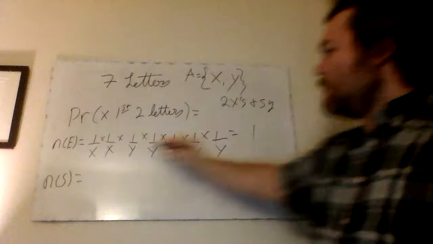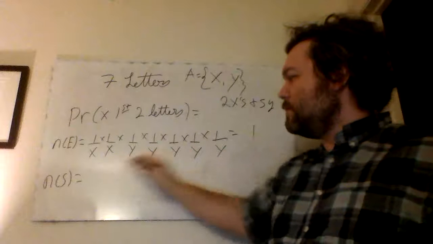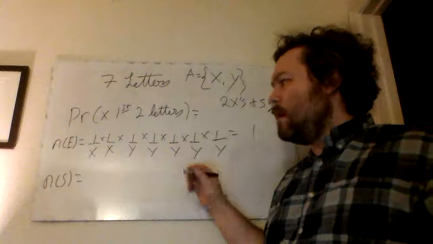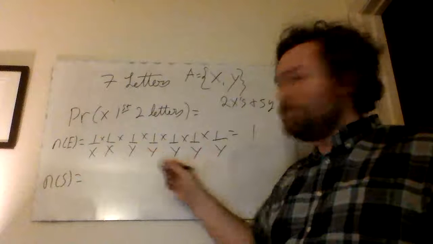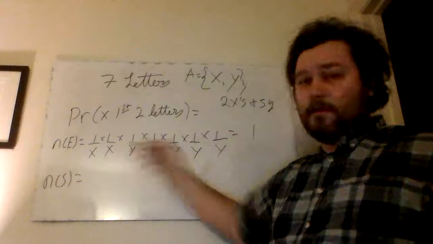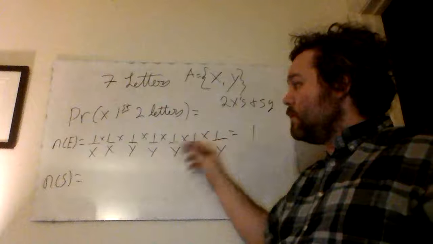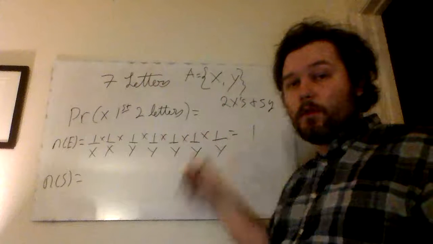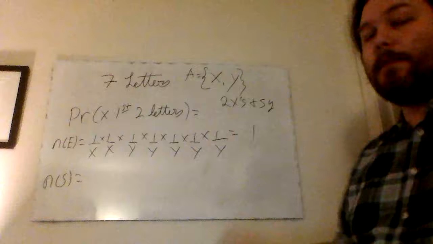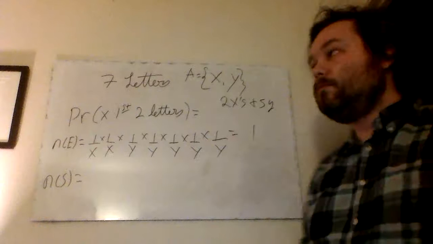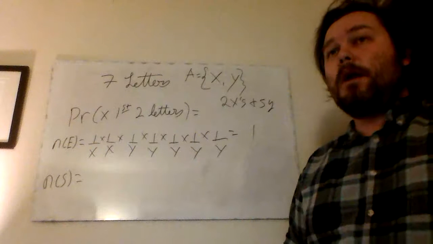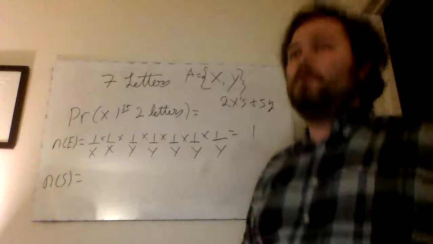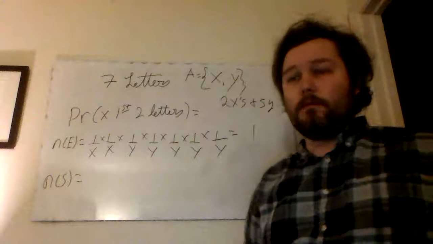I'd have to figure out, well, I could put an X in the first slot and in the last slot, and the rest could be Y. Or I could put it as we just did, the first 2 are here, and then you got the rest Y. Or the X's could be sorted through all these Y's. And how many different ways is that? And the problem is, it's really hard to figure out without overcounting.